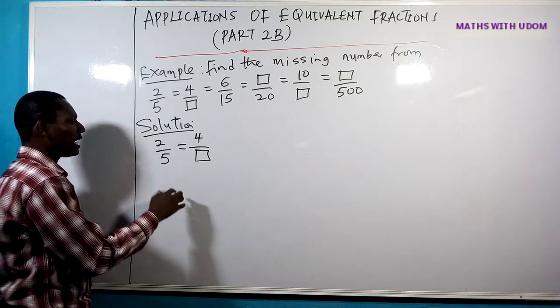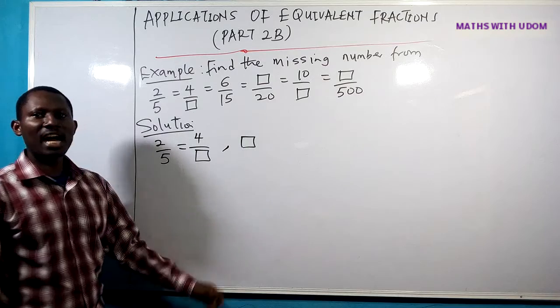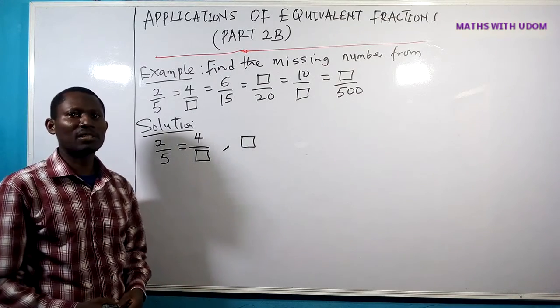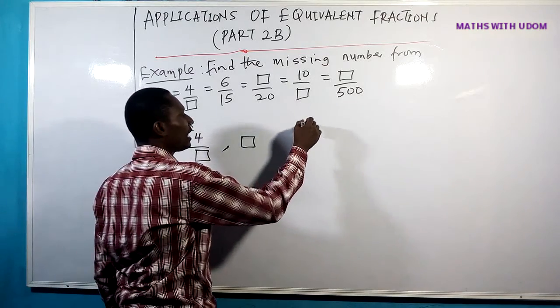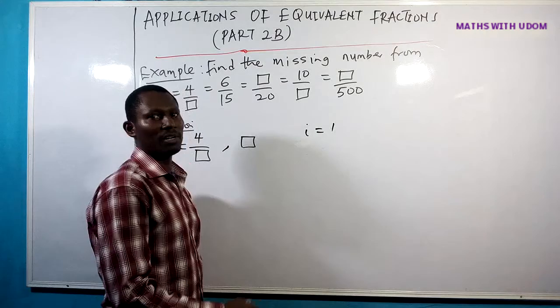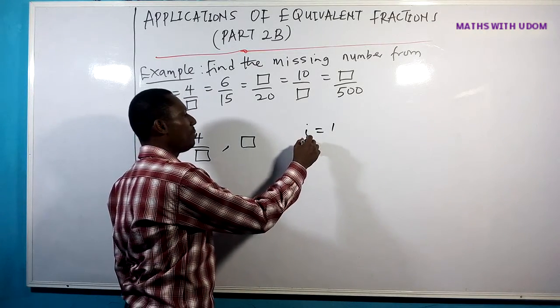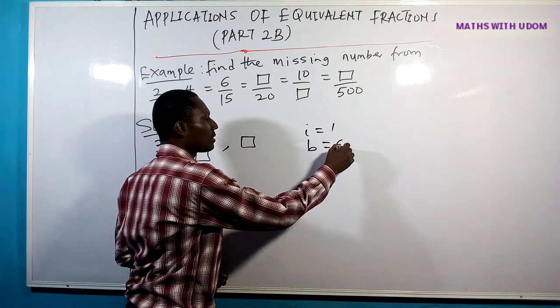Okay, so let the box be represented by any alphabet of your choice, but please don't use the following as unknown. Don't use I as unknown. The I looks like 1. Be very careful with B, because it looks like 6.